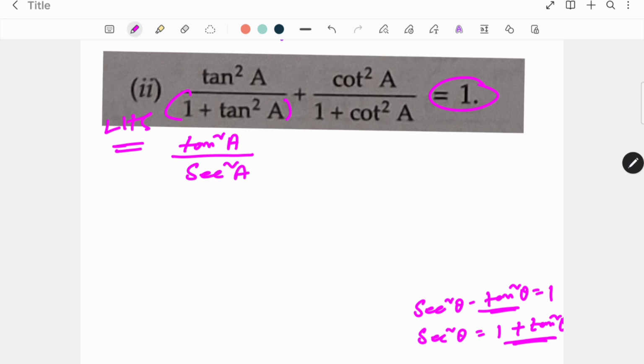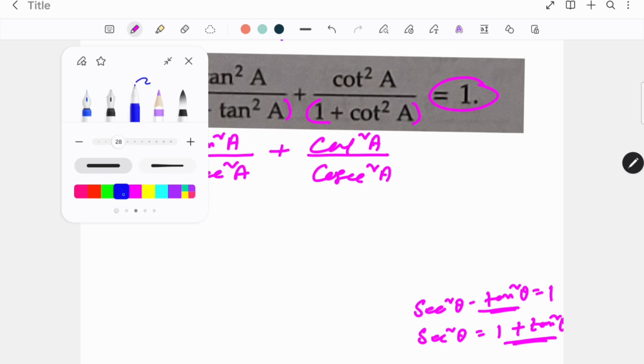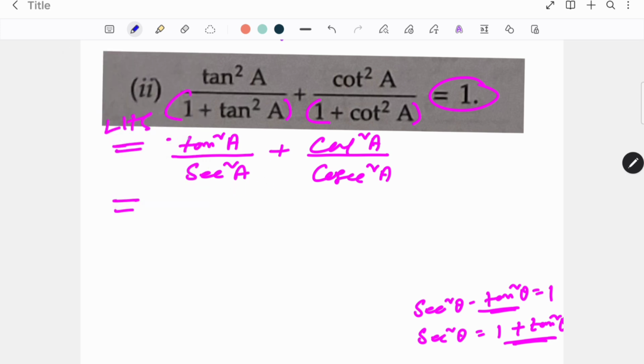Just place A here. Next, in the same way, cot square we are keeping. 1 plus cot square is down. 1 plus cot square means cosec, so it will be cosec square A. Now split it into sin and cos. Tan we know, tan square means sin square by cos square.